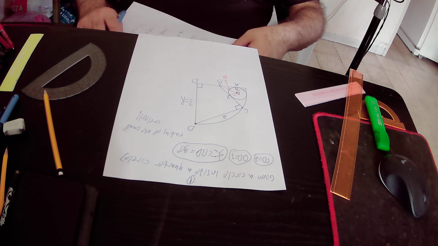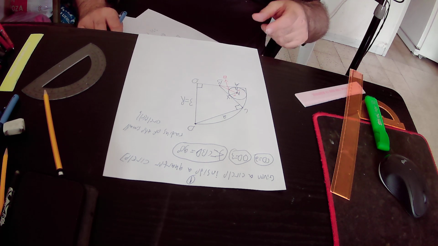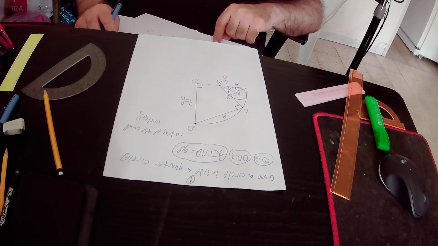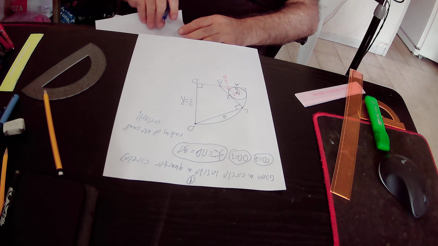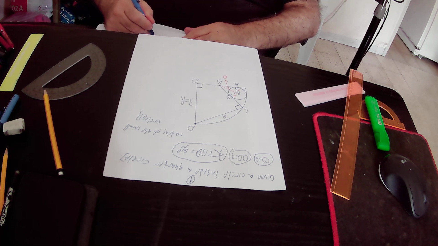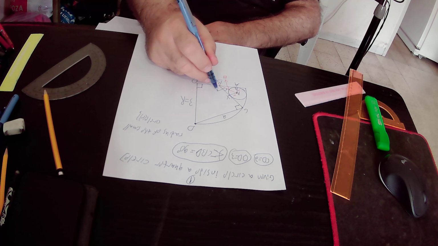Okay, so from the fact that those two triangles are congruent to each other, we can derive that angle ABP, which equals theta, equals angle PBX. So angle PBX will also be equal to theta.